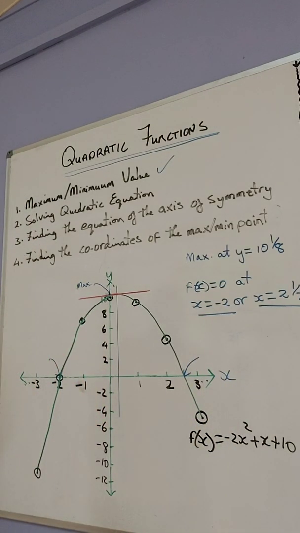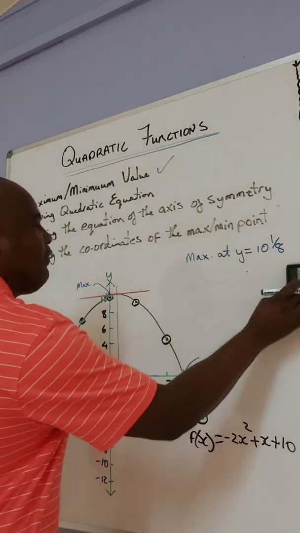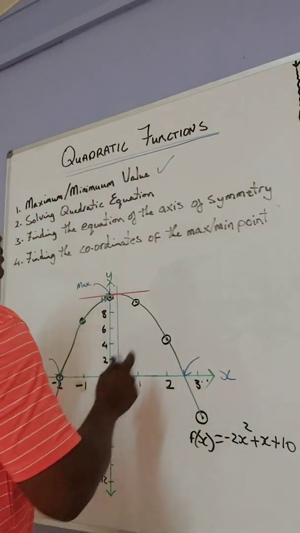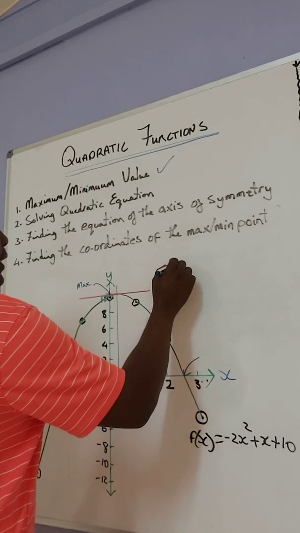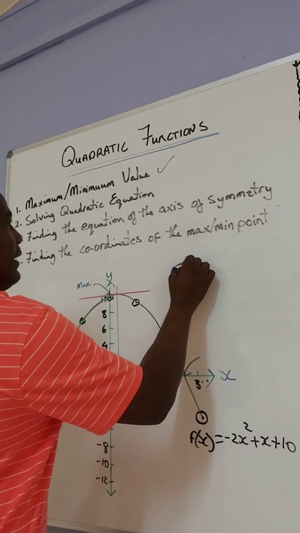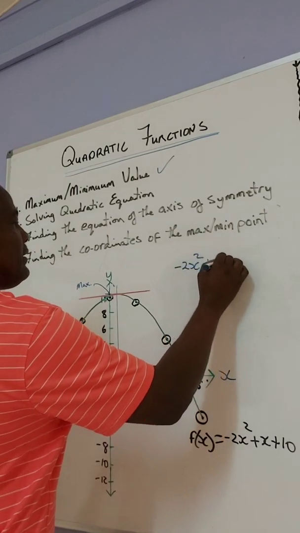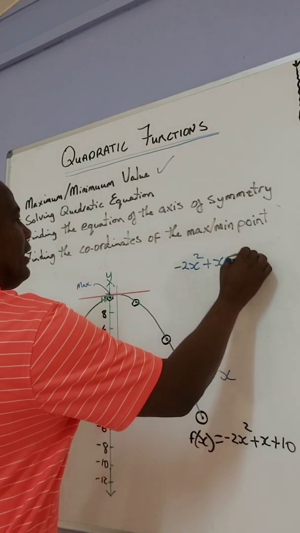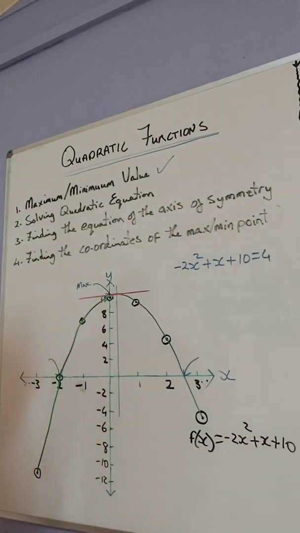Sometimes they may transform this equation. They may ask you a question like, solve the equation minus 2x squared plus x plus 10 equals 4. So you will be expected to use the graph that you have drawn to solve this equation. To do this, we need to draw a second graph.